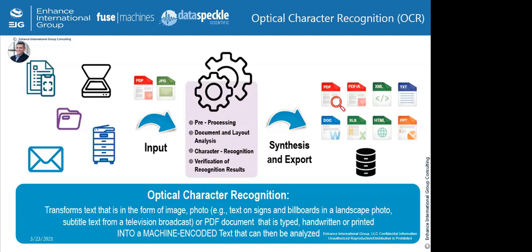We usually employ character recognition, and then afterwards we post-process and extract information. These documents usually are images, photographs, it could be video, it could be signs, traffic signs, billboards, it could be any type of information, including handwritten or printed information.